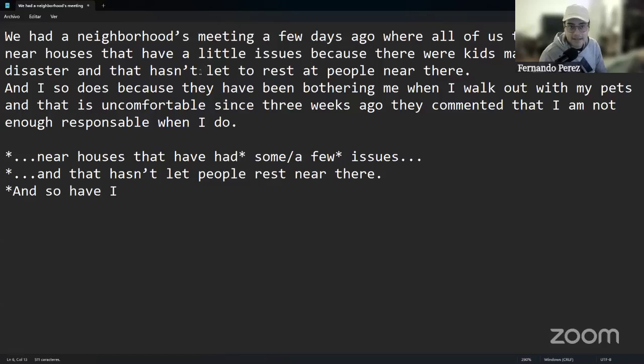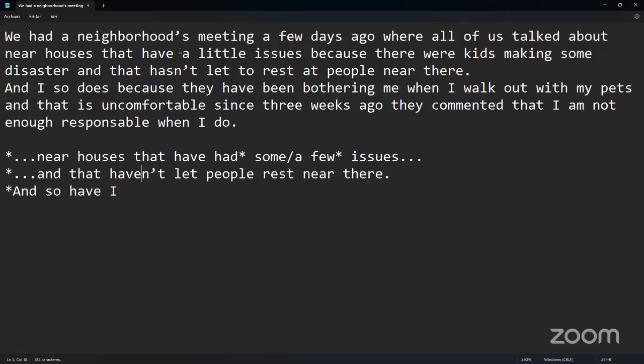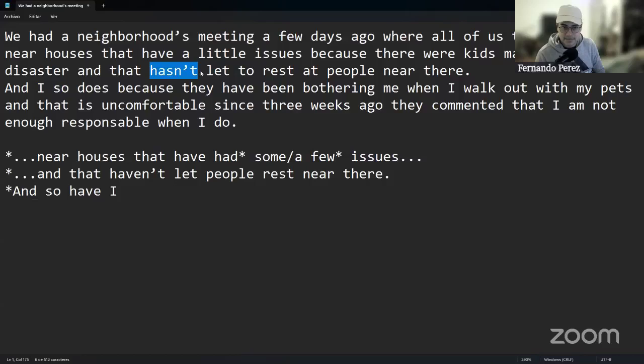It's they hasn't let. It's haven't also, because you're talking about children, kids. So in this case, you're saying haven't, plural. The houses have had issues. The kids haven't let people rest.